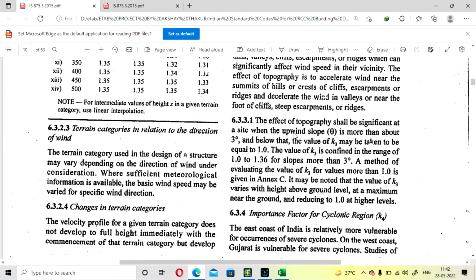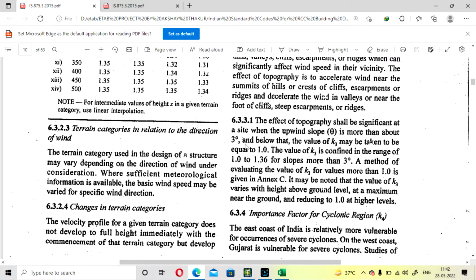The effect of topography shall be significant at a site when the upward slope is more than 3 degrees, so we can go with a higher value, but if it is less than 3 degrees, we can go with the topography factor as 1.